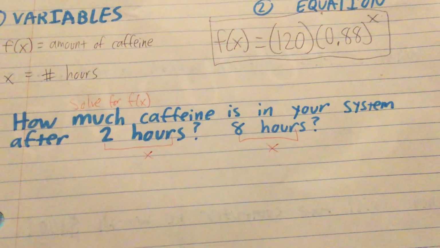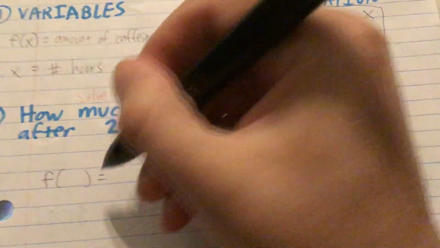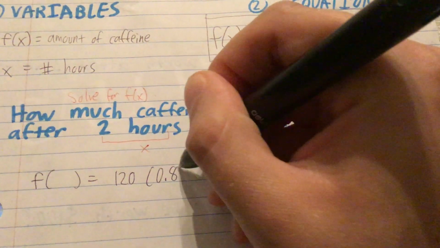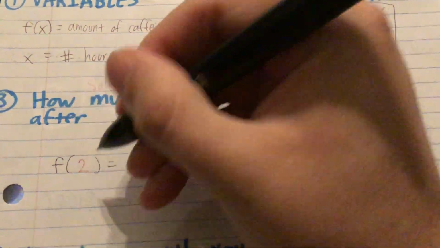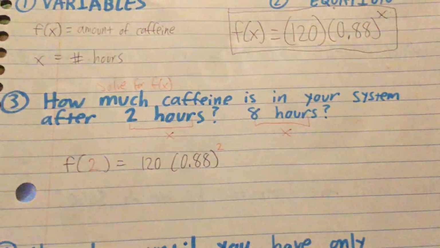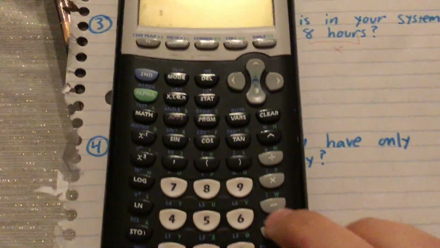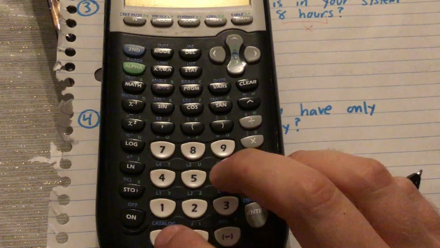So let's plug it in. So remember that f of x is 120 times 0.88 to the x power, where we know that the x value is 2. So let me get my calculator. So we need to figure out 120 times 0.88 to the second power.